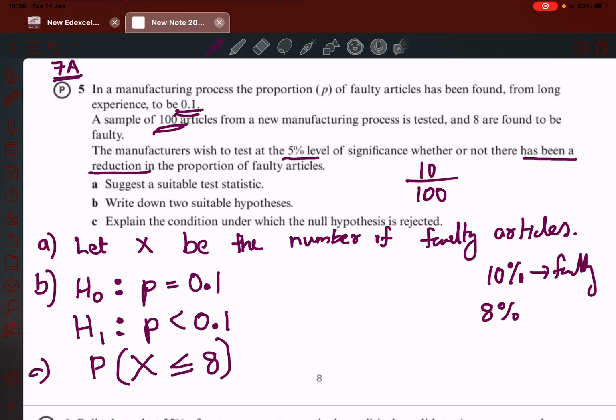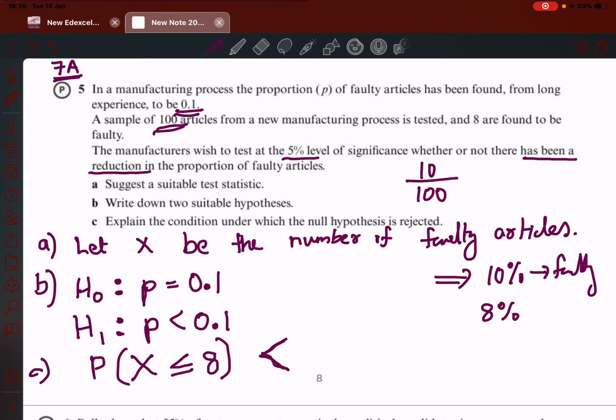Because if I want to know, has the proportion of the faulty articles come down from 10% to maybe 8%, 7%, 6%, we don't really know, but we want to know if it is normal to get 8 or fewer in a test of 100 articles.